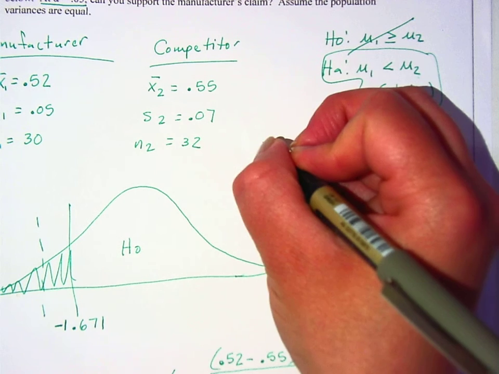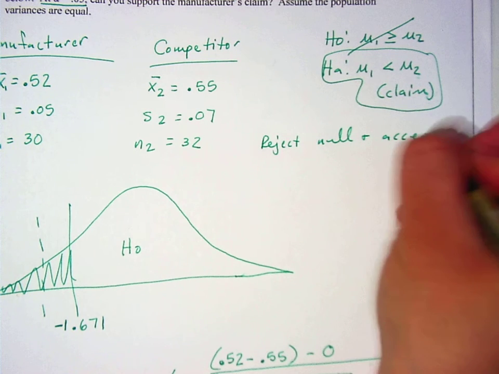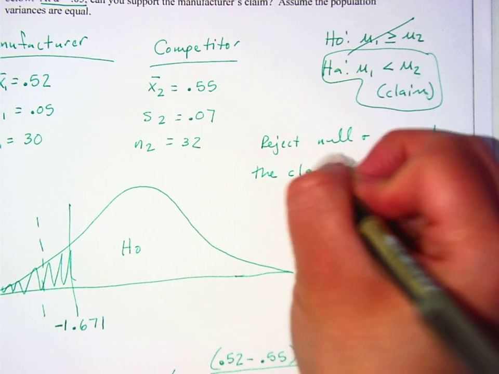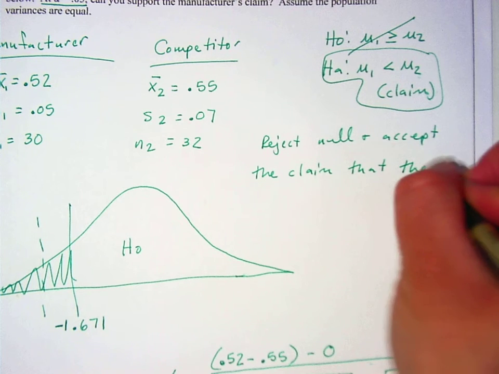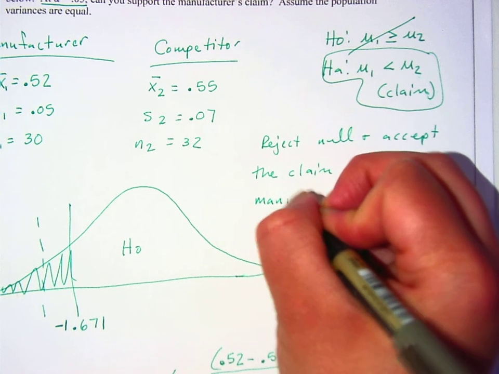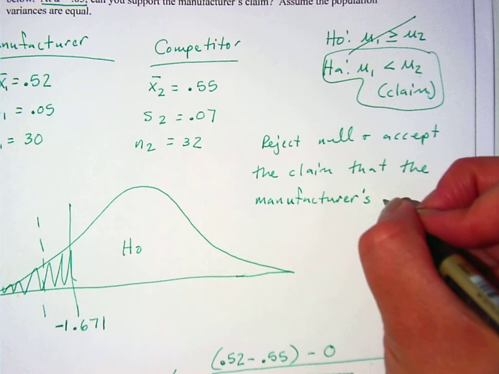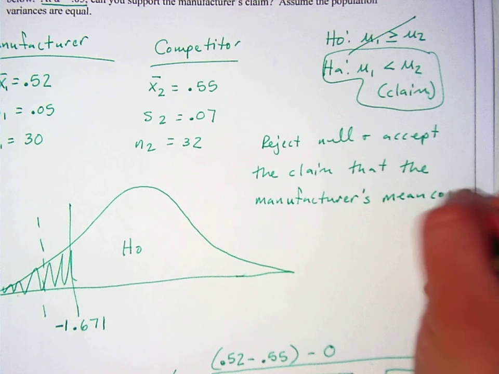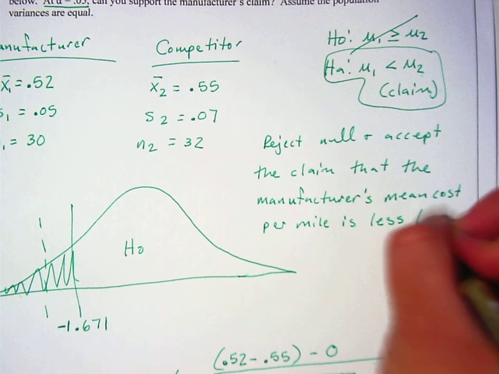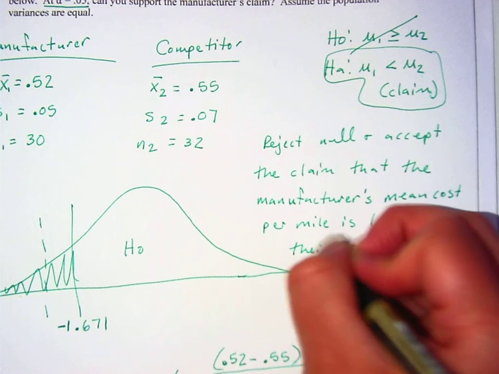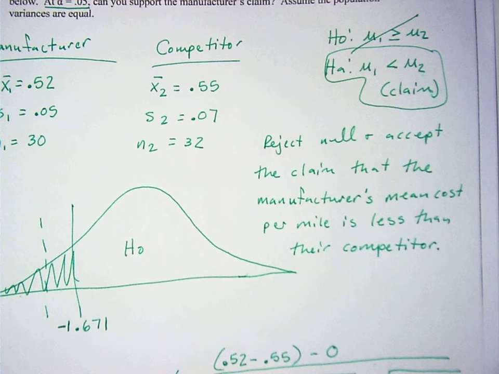So I'm going to write here, I reject the null and accept the claim that the manufacturer's mean cost per mile is less than their competitor's. And that's the conclusion.